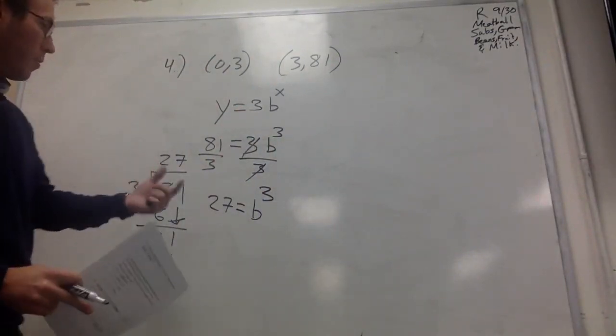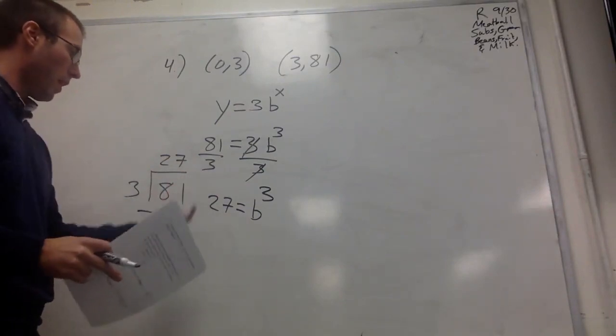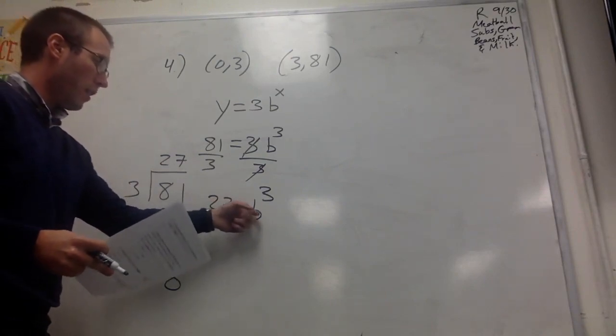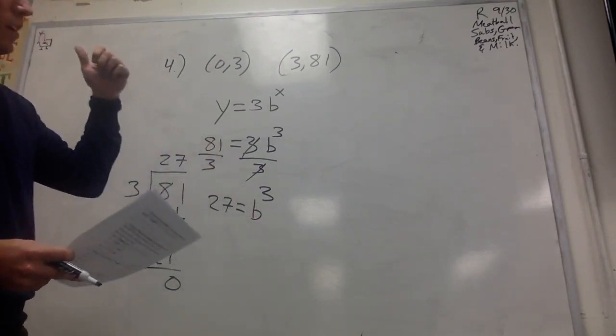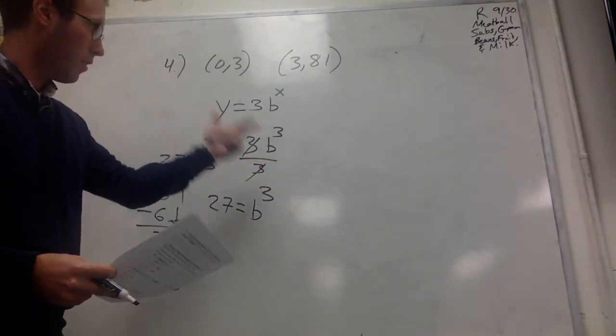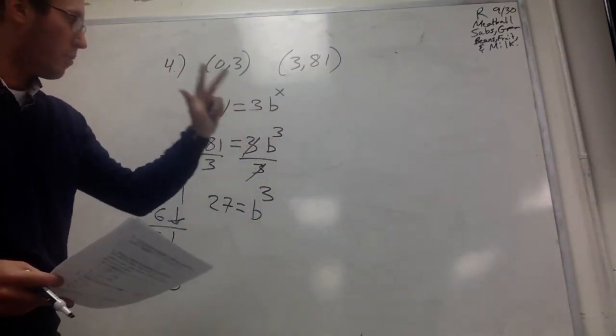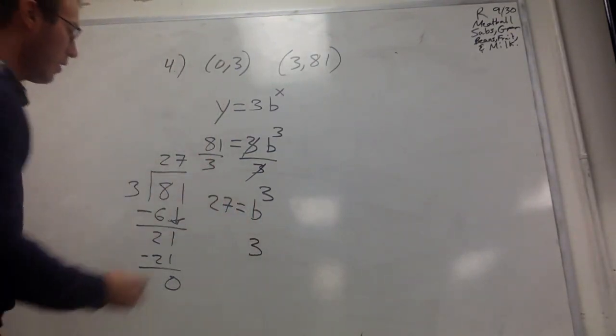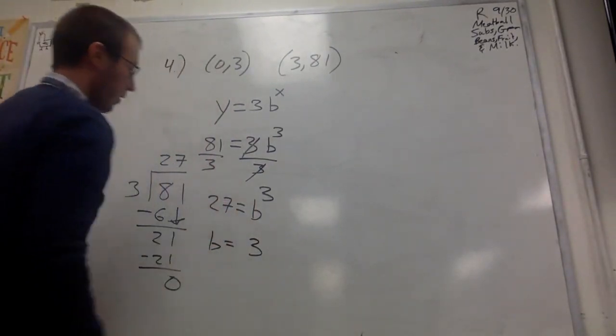Now I'm trying to determine what b is. It's a power of 3, so I go, well, it seems like it's a power of 3, so I go 3 times 3 is 9 times 3 is 27. So it's 3 to the power of 3. So this means that b equals 3.